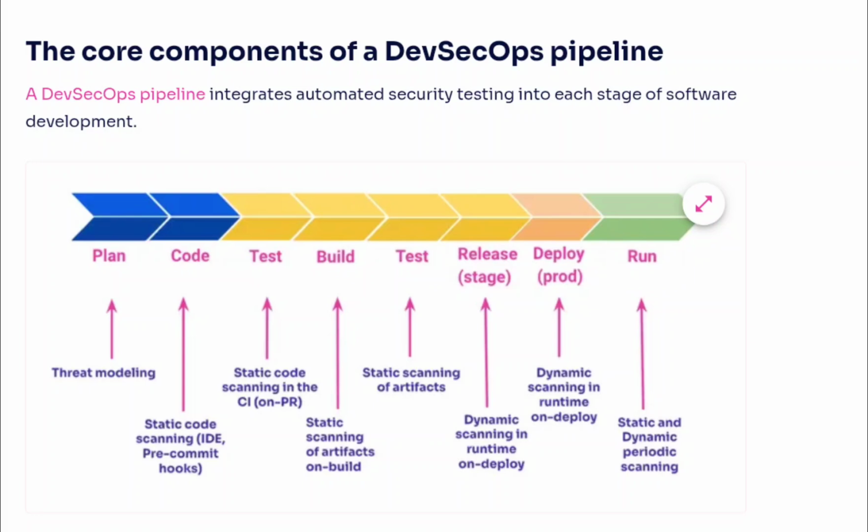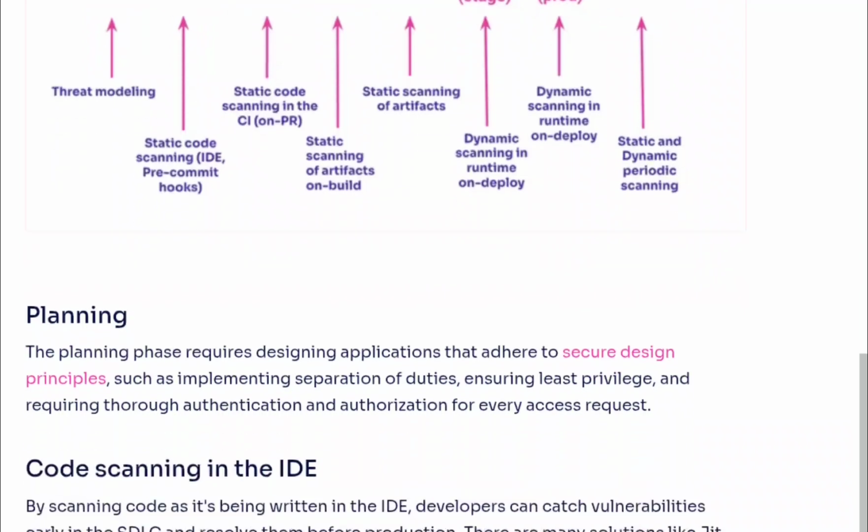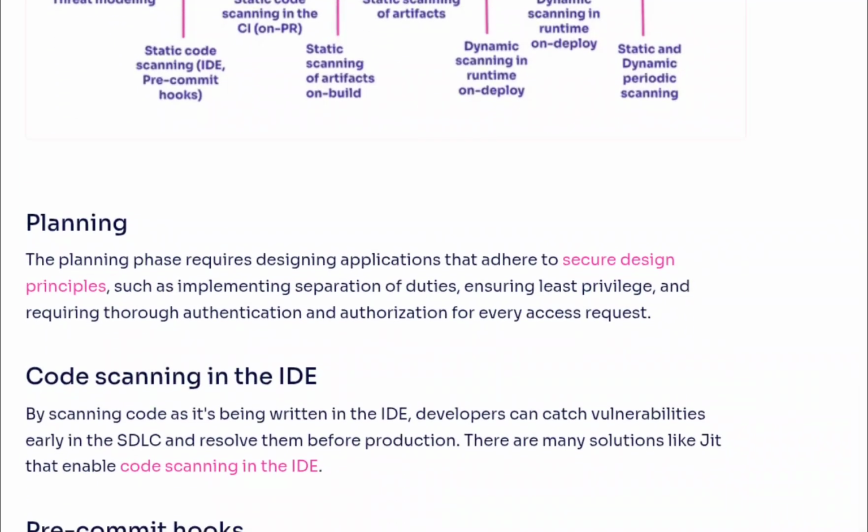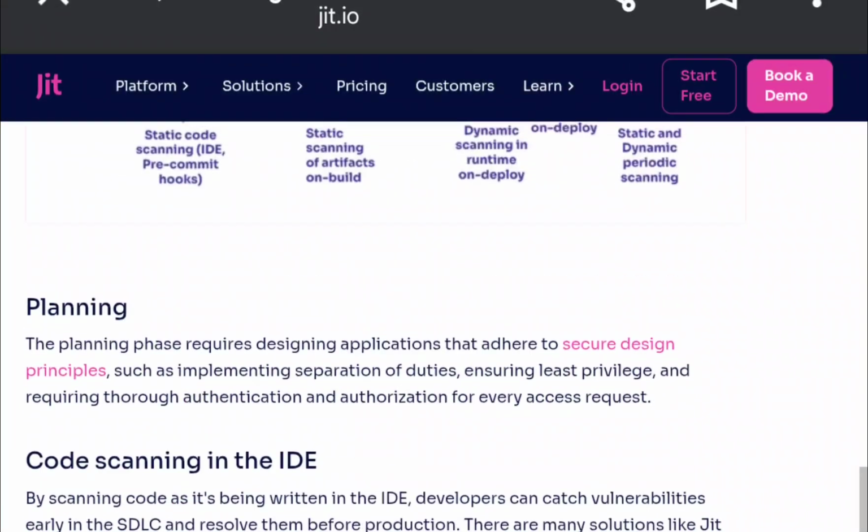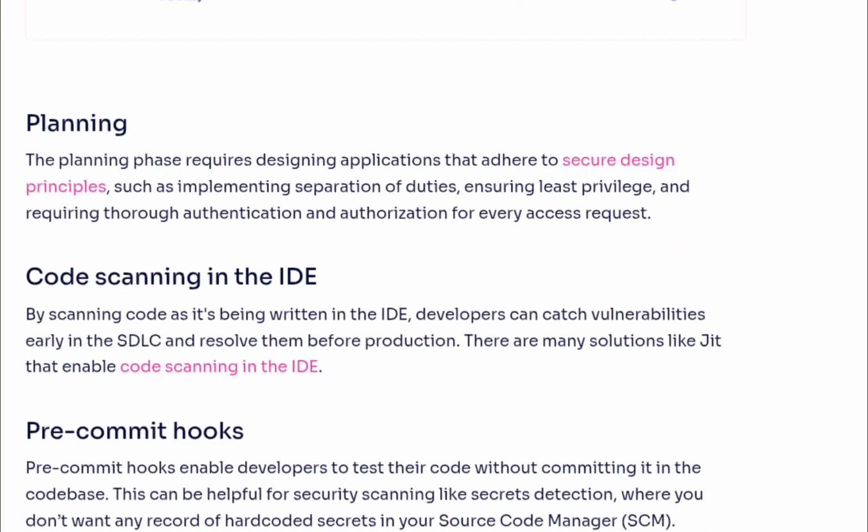What exactly happens in the planning phase? There is a dedicated tool called threat modeling, and different service providers are there for planning. Azure also provides Microsoft Threat Modeling Tool for the planning phase.